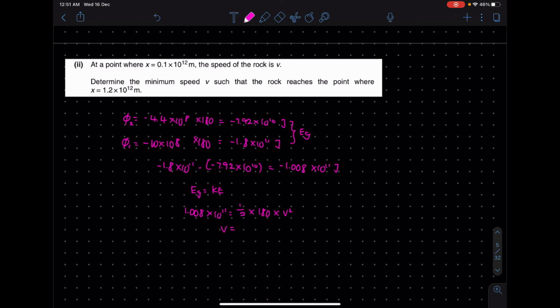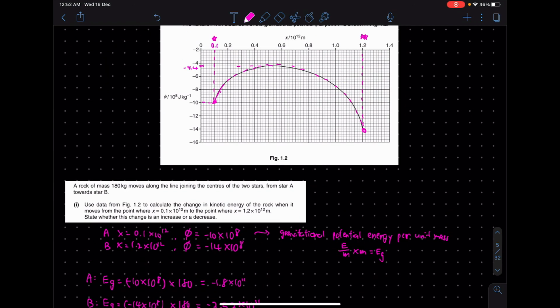So we should get that the velocity would be 3.3 times 10 to the power of 4 meters per second. And this answer would be the velocity that we need, the minimum speed such that the rock can reach the point here.